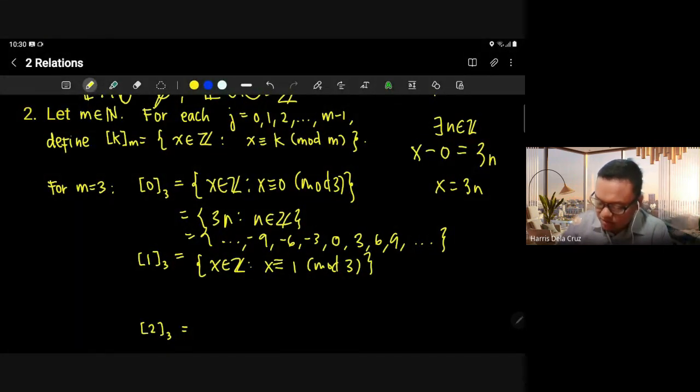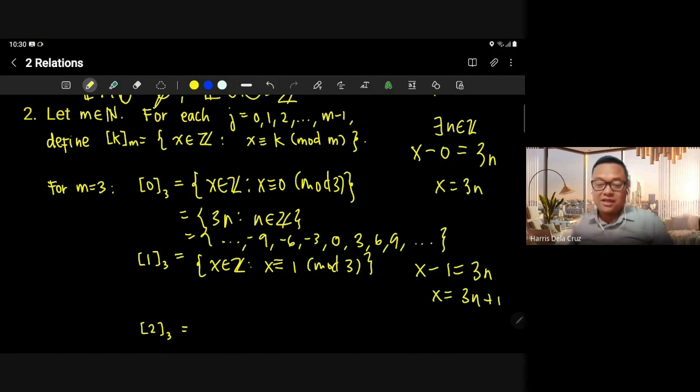Now, what does it mean for x to be congruent to 1 modulo 3? By definition, x minus 1 is equal to 3 times n for some n. In short, x can be written as 3n plus 1. So any number that you can write in the form 3n plus 1.